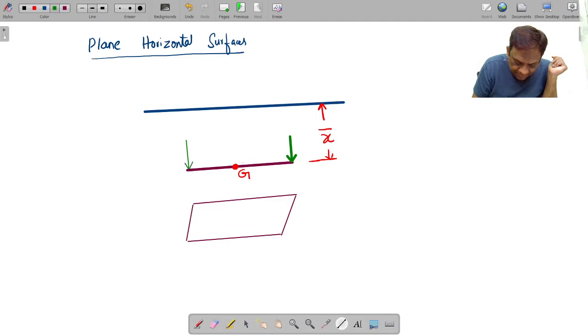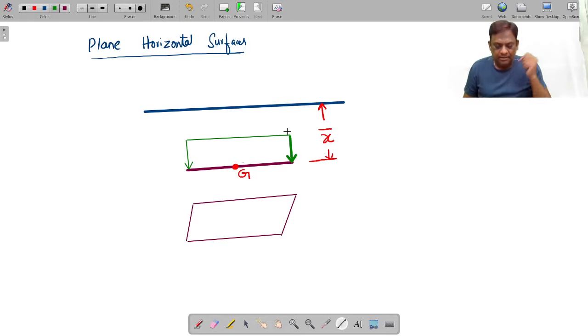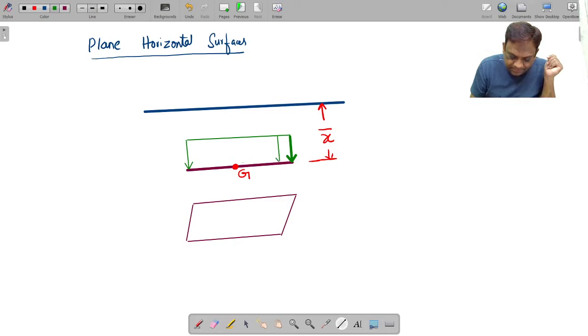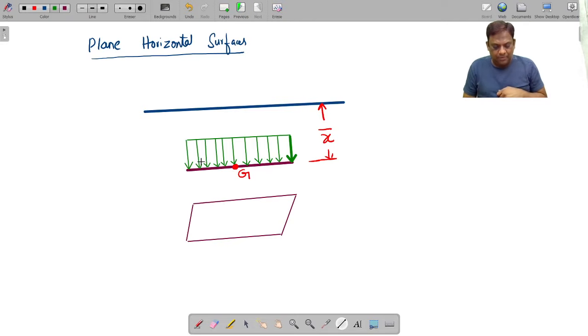Anyone? All are at the same depth. This is at x bar, this is at x bar, this is at x bar, this is at x bar. So pressure will be the same everywhere, because all are at the same depth. This becomes our pressure diagram.